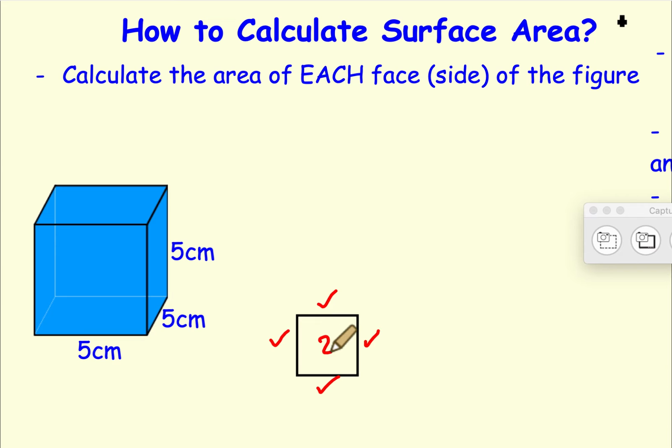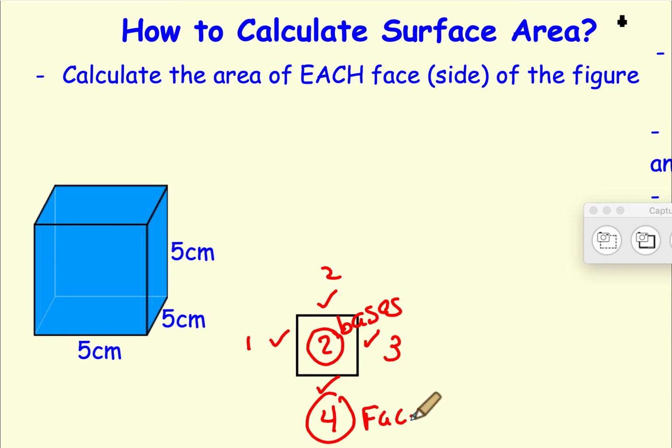So that means I have two bases plus 1, 2, 3, 4 faces. So I have 6 areas that I need to measure. But the good news is, because my base is equilateral and my height is the same as the measure of my base, for a cube, it's actually pretty easy to calculate.